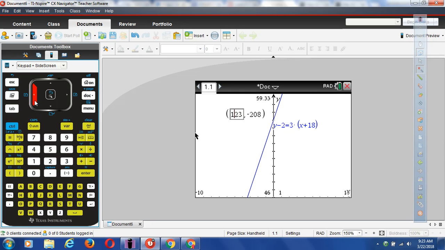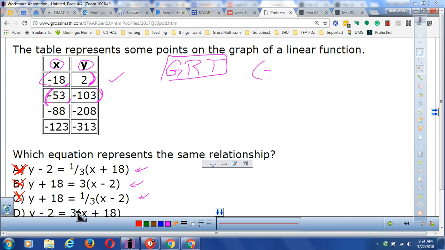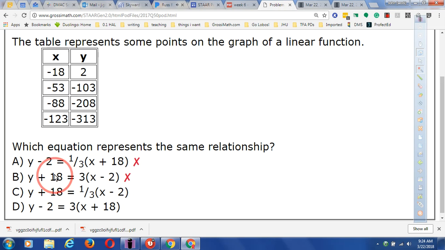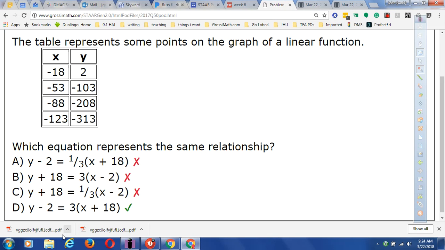Whoops, I forgot the negative. There we go. Negative 313. It's correct. So D has to be correct. Let's check it inside the generator. Wrong, wrong, wrong, right.